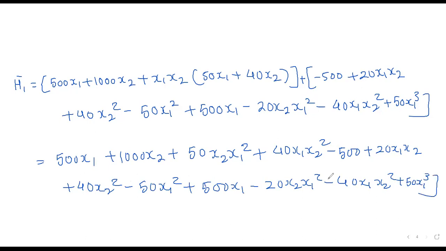Okay, so let's take the terms which don't have any variable. Yes, this is the term we don't have any variable in, so let's put it down first. So it's a minus 500. Okay, now the terms having x1: it's an x1 square, so it's not cancelled out. So 500 plus 500, it's 1000 x1.